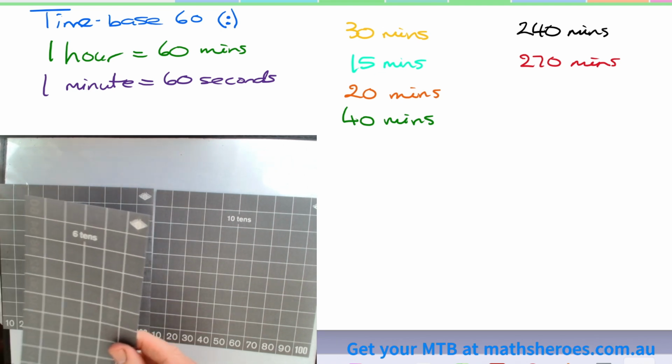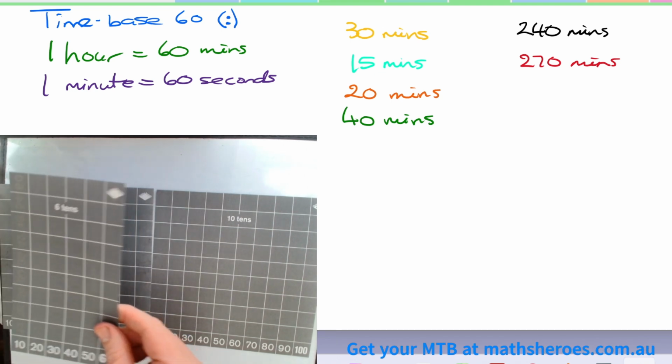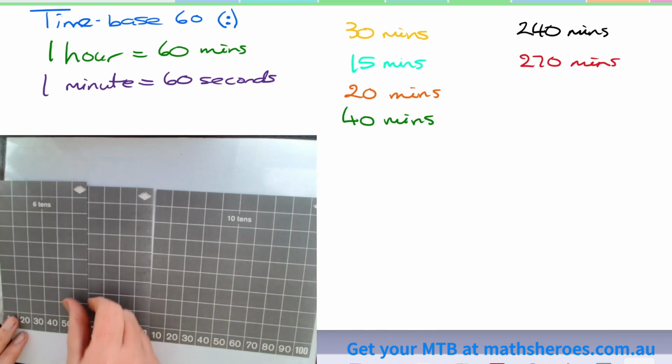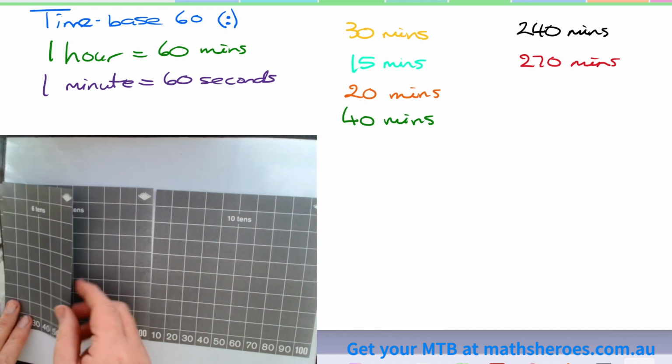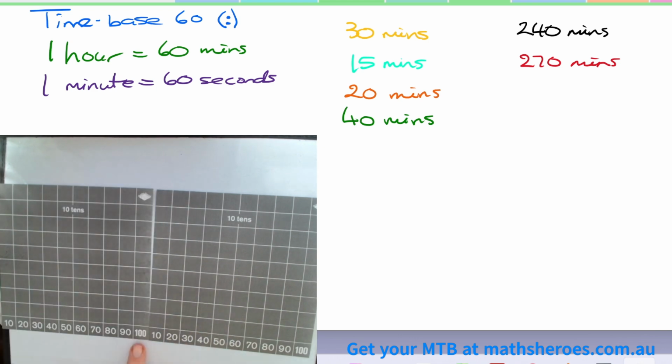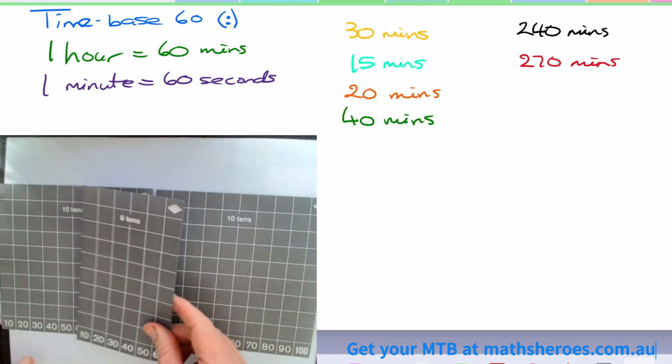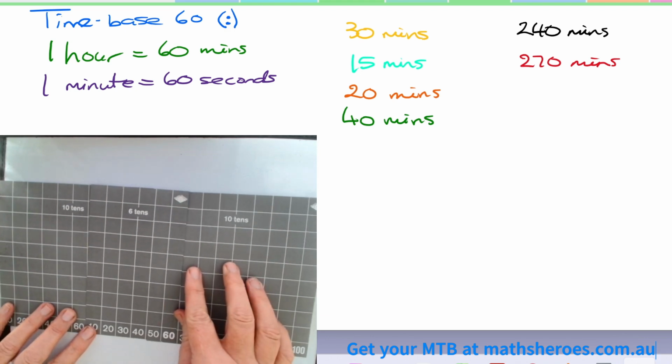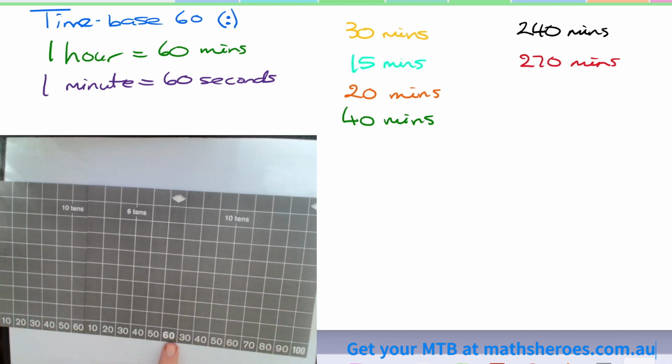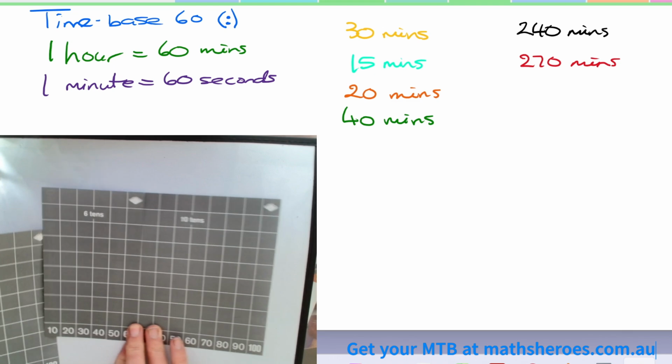So here is my unit of 60 minutes or 60 seconds. And I will count 1. The next 60, this is 100, this is 110, 120. So the next block of 60 will actually take up to 120. So that's my first 2 hours done.